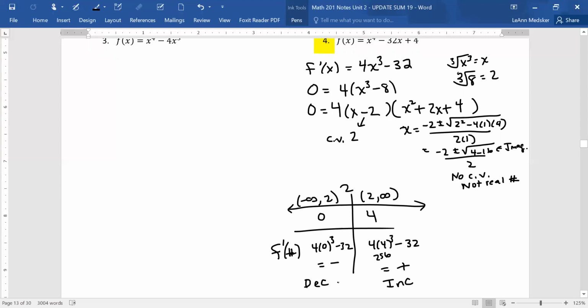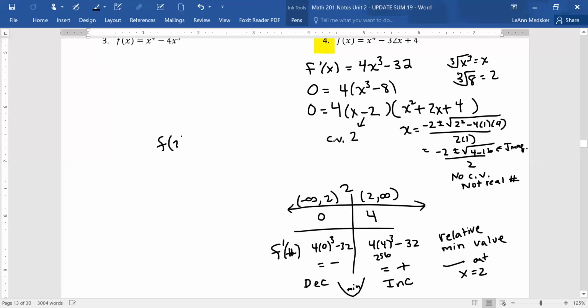And remember we said that if you drew this little picture, this is decreasing until it hits that critical value and then it's increasing. So notice that is a min. So we have a relative min value, remember I always put a blank here, at x equals 2, and to find that value we need to figure out what is the ordered pair that goes with that.